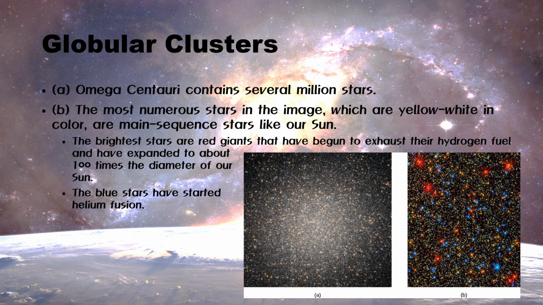Now, the most numerous stars in this image, if we look at image B, which is more zoomed in on the core, are a yellow-white in color, and therefore are main sequence stars, much like our own sun. The brightest stars in here are the red giants, which have begun to exhaust their hydrogen fuel and have expanded to about 100 times the diameter of our own sun. In addition, we see some blue stars in here, which have just started helium fusion.